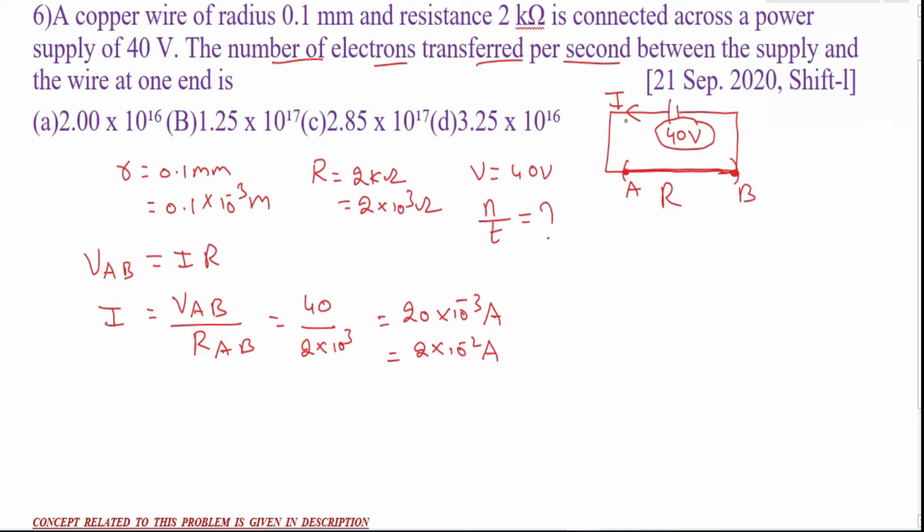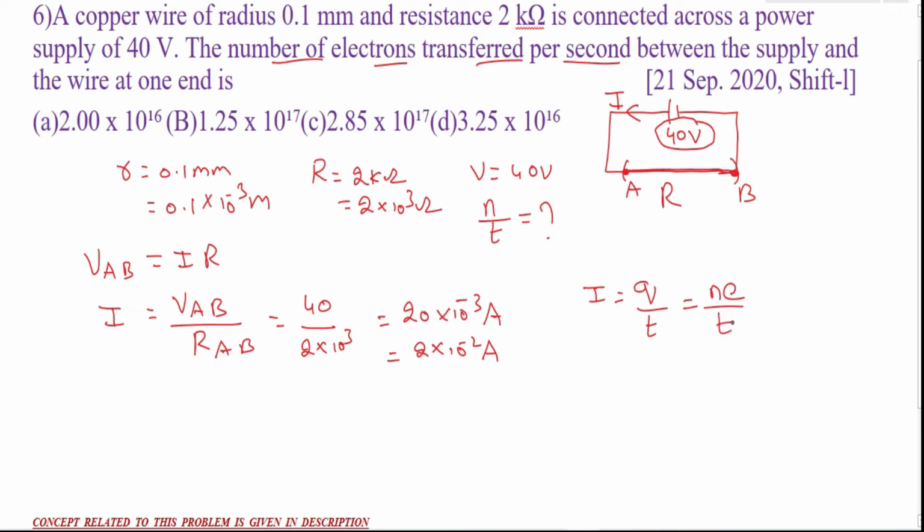Now what you have to calculate? You have to calculate the number of electrons transferred per second. We know that the formula for current is I is equal to Q by T, which is nothing but the rate of flow of charge. Q can be written as NE, that is number of electrons into charge of electron, by time.